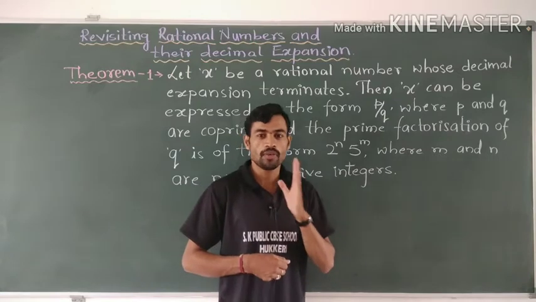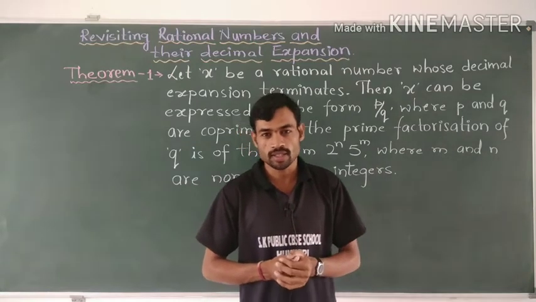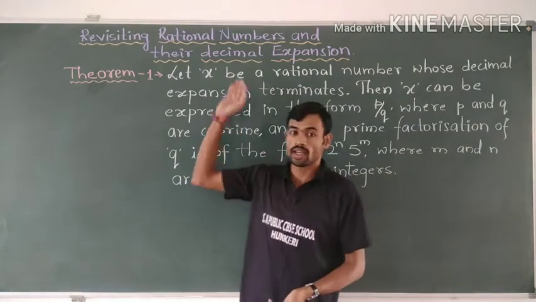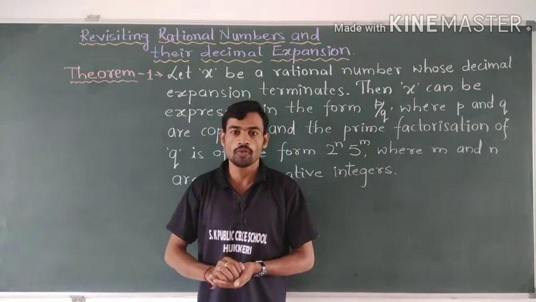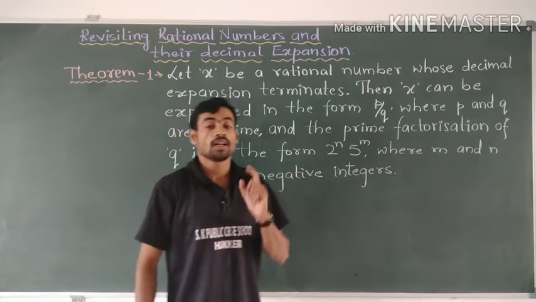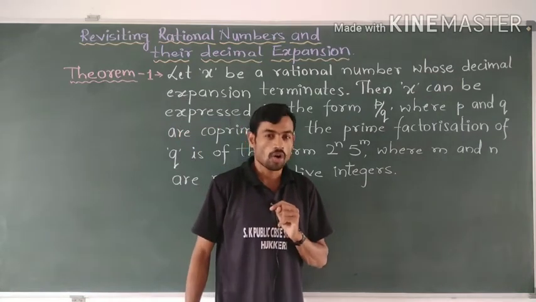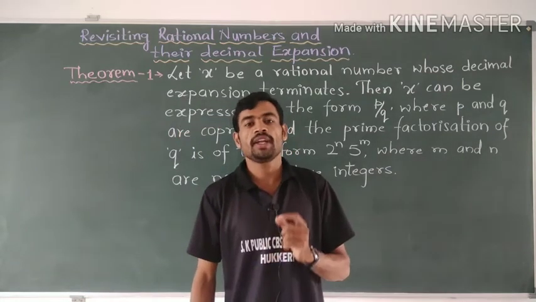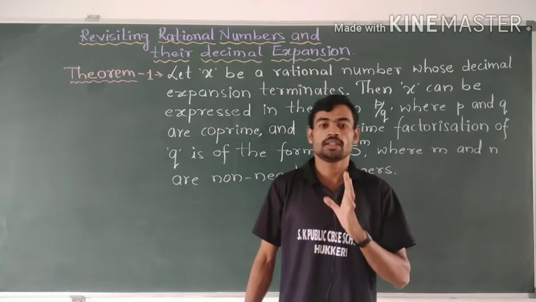So that we discussed in the class 9 standard. The decimal expansion of rational numbers is either terminating or non-terminating repeating. Clear?